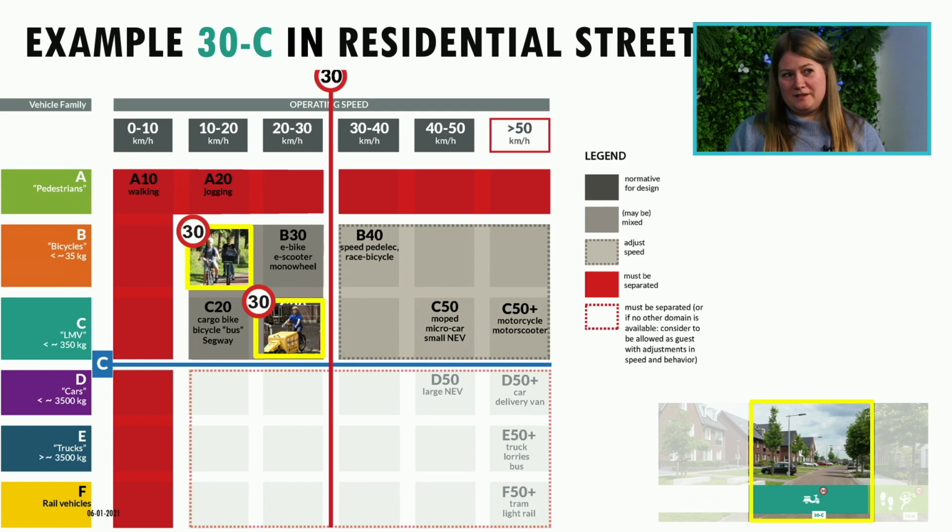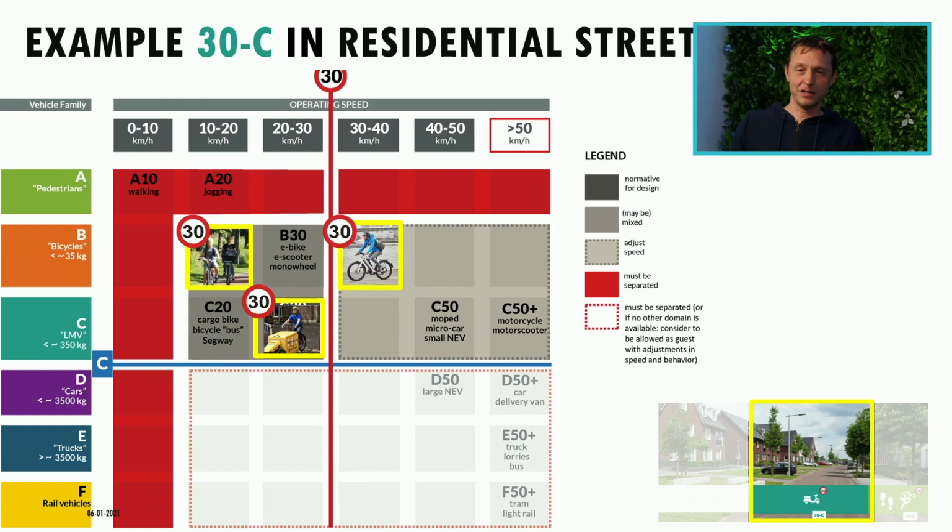Correct. And then the speed pedelec. If you really try hard, I think you can drive 45 kilometers an hour. But it's a bicycle, it's the B family. So we say you are allowed here, but you have to limit yourself to 30 kilometers an hour.